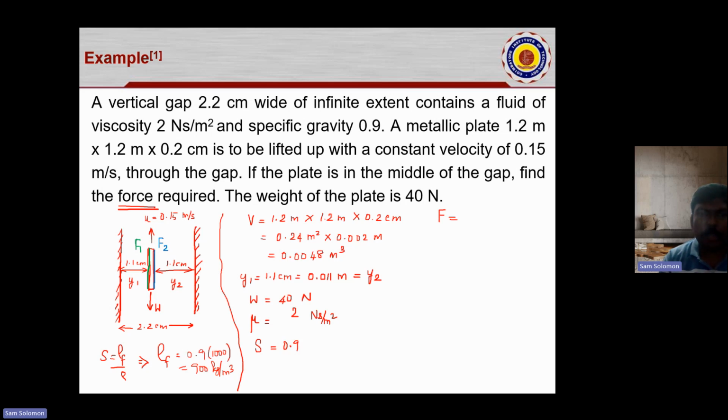So that force also needs to be taken into account. So we need to balance the weight of the plate with reference to the upward thrust that it has. So that will be the net force that will be acting on the plate to lift it up.